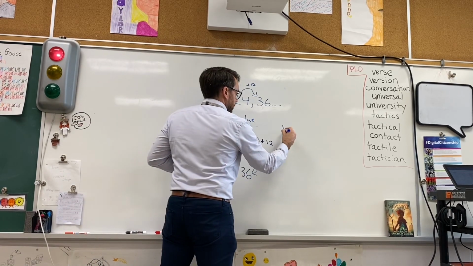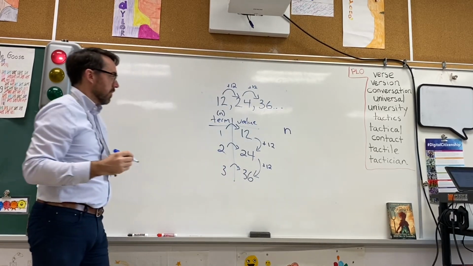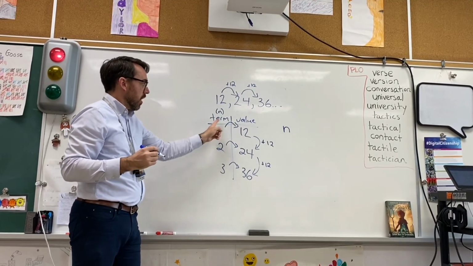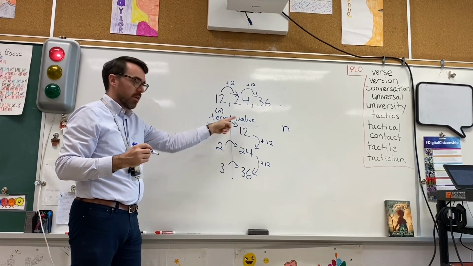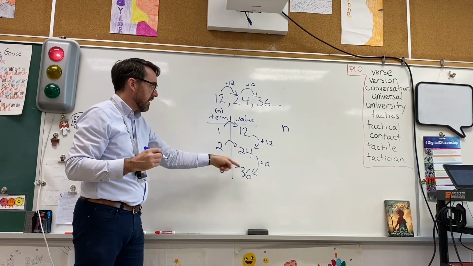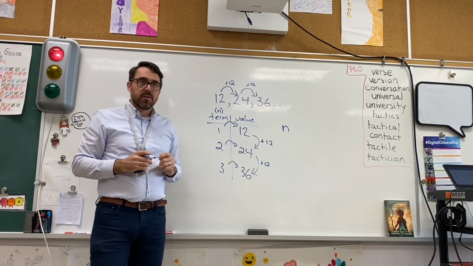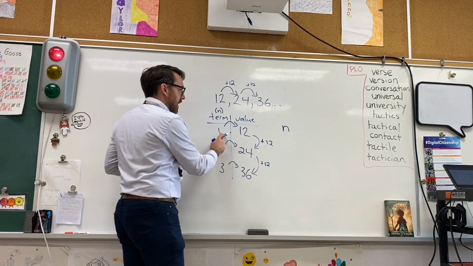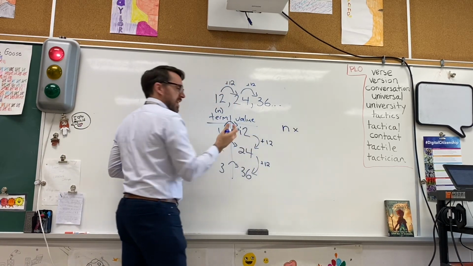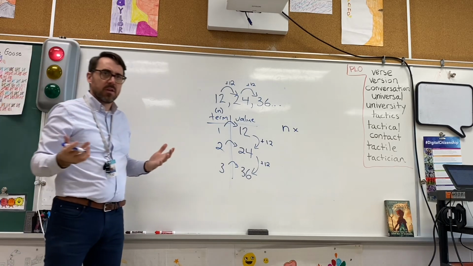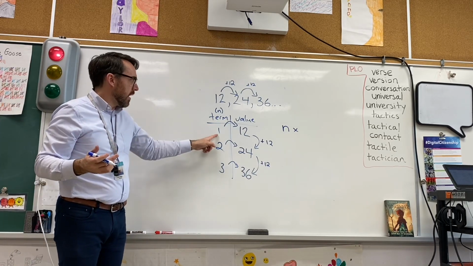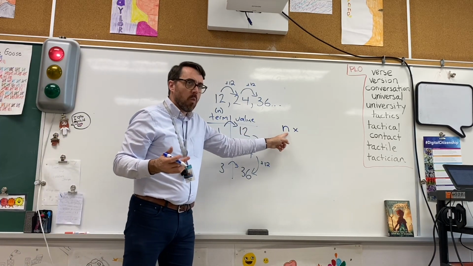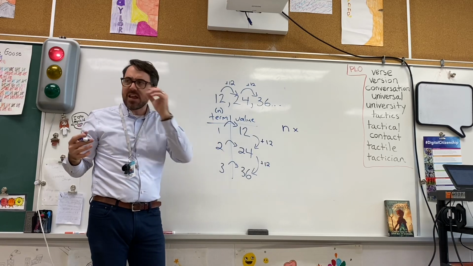So, n. What's happening across the table here? And here. And here. Anyone see it? N times what equals 12? So if I put the 1 in place of the n, 1 times what equals 12?